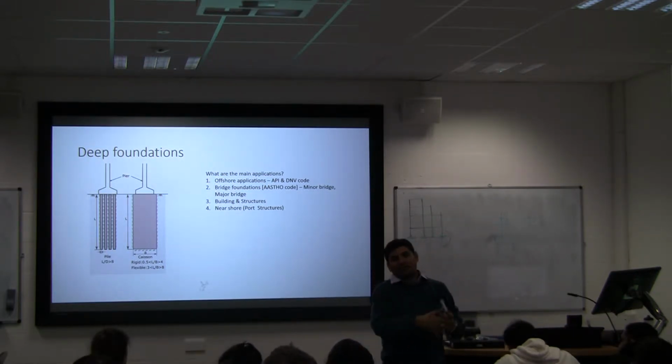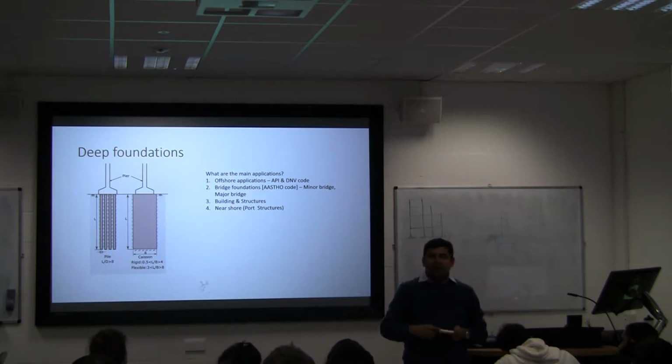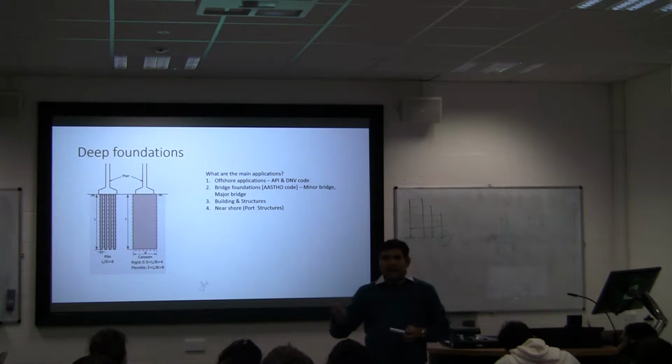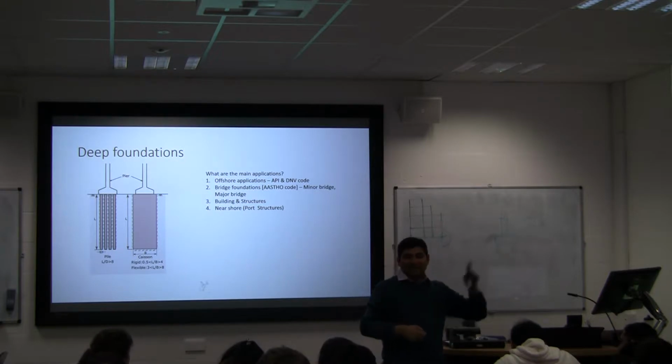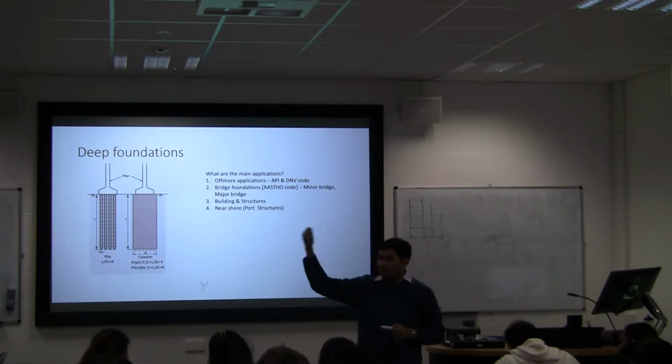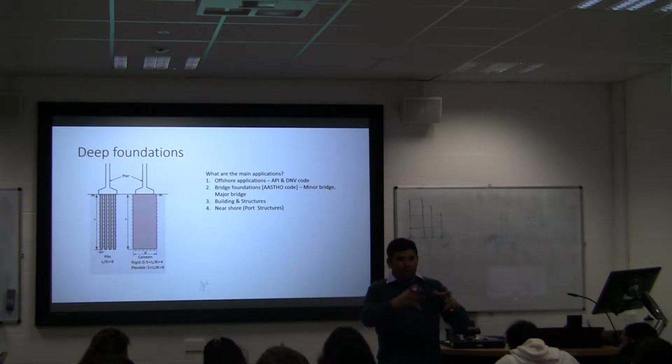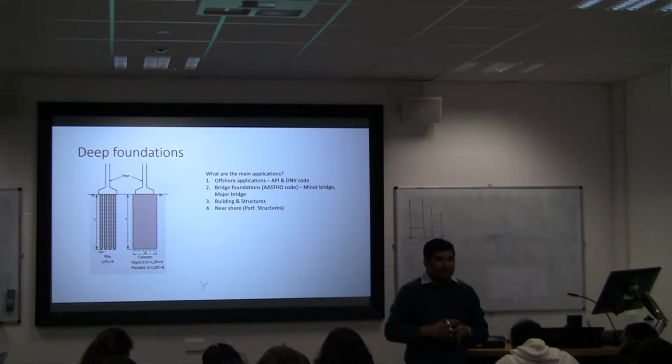They have got huge application databases. Based on that, they have got some empirical formulas, and it works well in that application. So we normally don't use the API code to do something else, or you won't use a Eurocode to do something else, because they are mostly calibrated in that particular way.